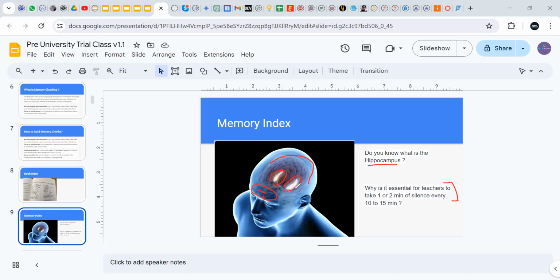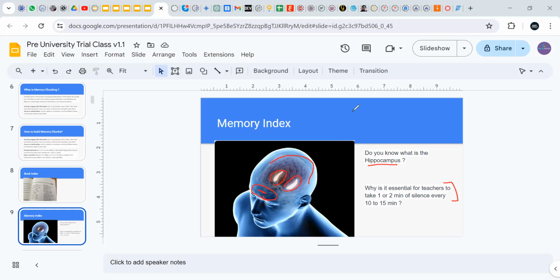So every 10 to 15 minutes, it's better to take 1 or 2 minutes of silence. If I am teaching you, then every 10 to 15 minutes I will take 1 or 2 minutes of silence. That helps your hippocampus internally to orchestrate and pass all the information that needs to be stored in the long-term memory.